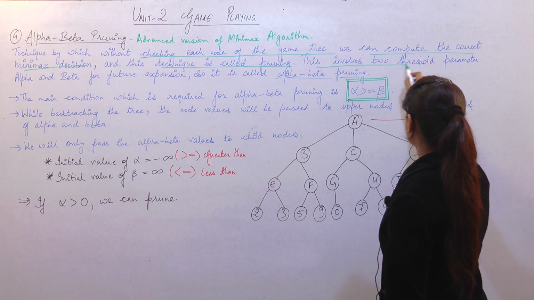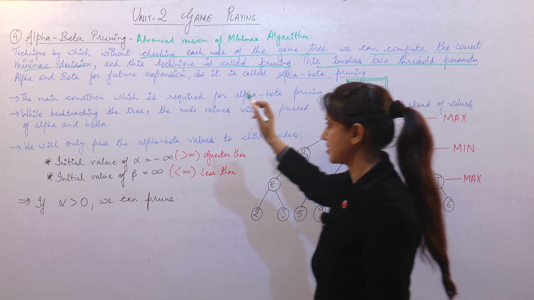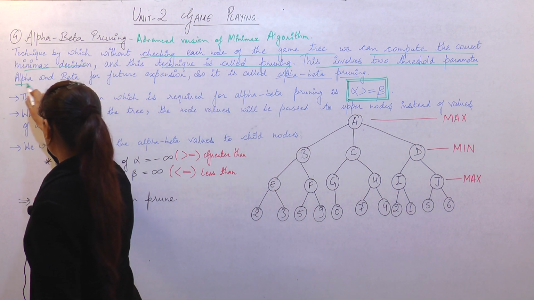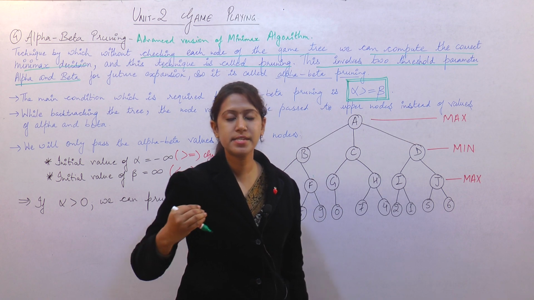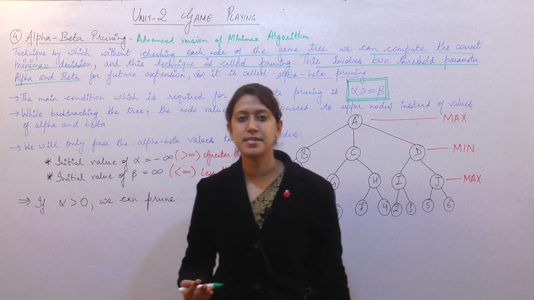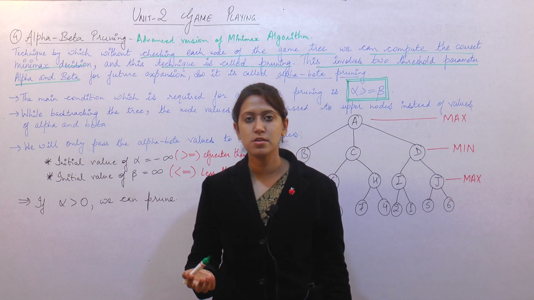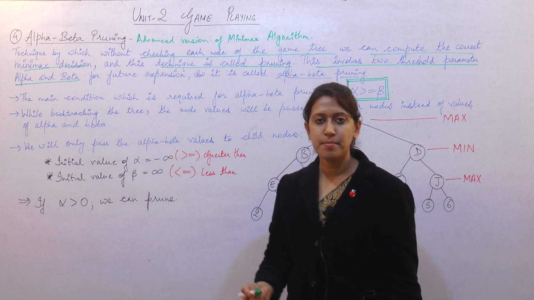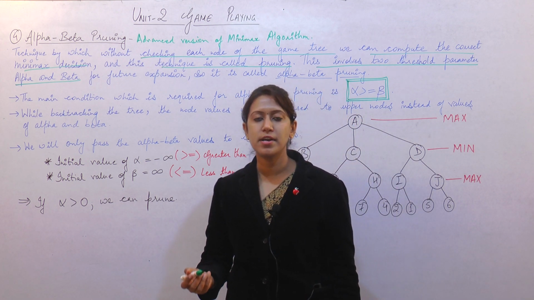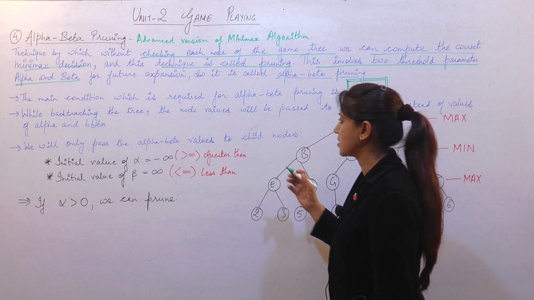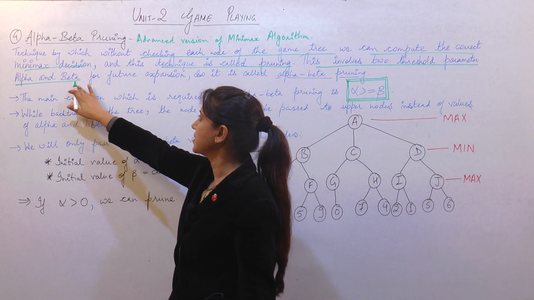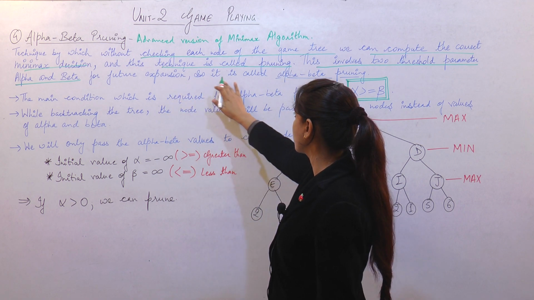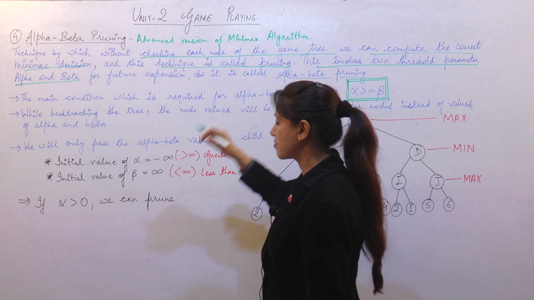This involves two threshold parameters, alpha and beta. These two parameters will calculate the value of this game tree for future expansion, so it is called alpha beta pruning.